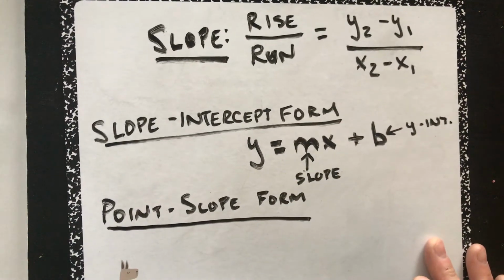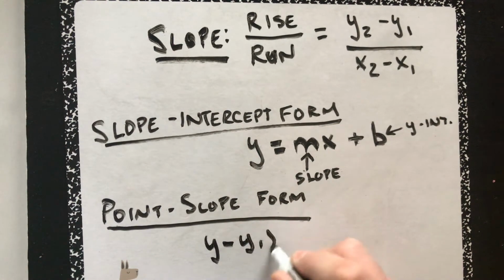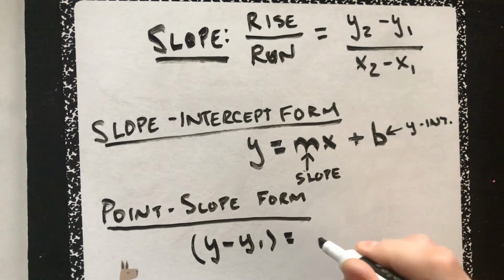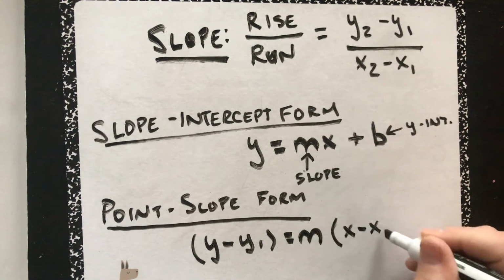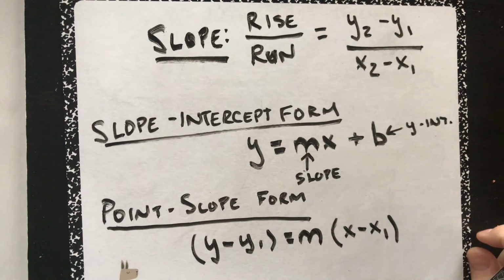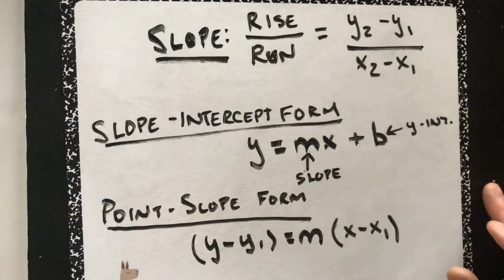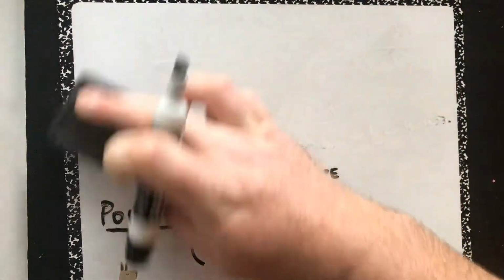So point-slope form, this is y minus y sub 1 is equal to m, which is your slope, times x minus x sub 1. That should all be review from Algebra 1. And this is what we're plugging and chugging today. So let's look at a couple examples that we can do.